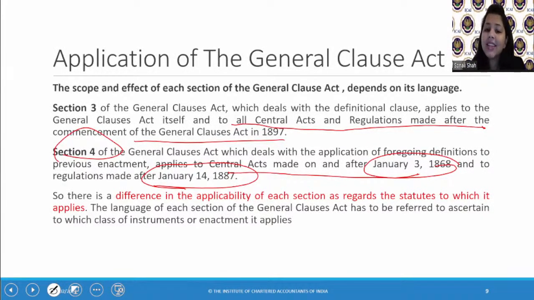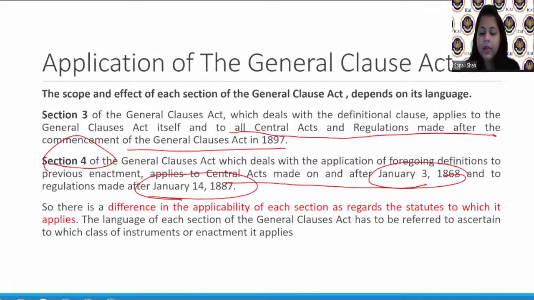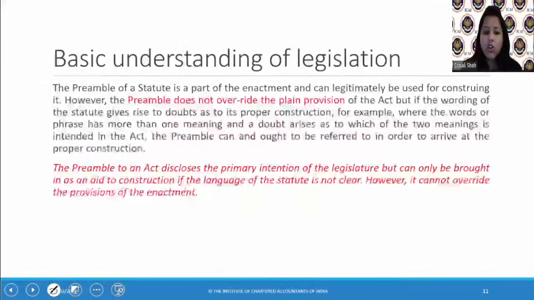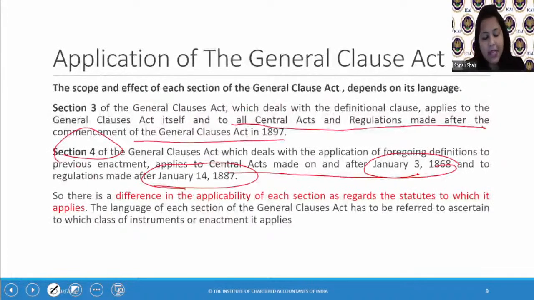So whatever acts and regulations were made after these dates, to them also certain terms, their definition will be applicable as provided in section 4. Other than that, applicability of each section has been provided in the respective section of the GC Act. As we read it further, you will get to know that. Is that clear? Any confusion on this part here in terms of applicability?